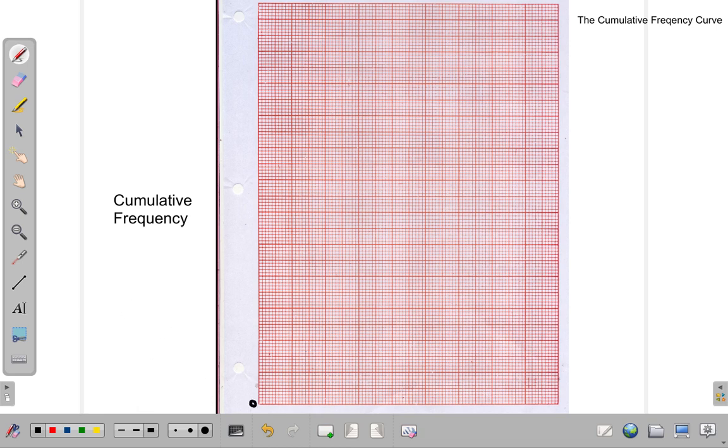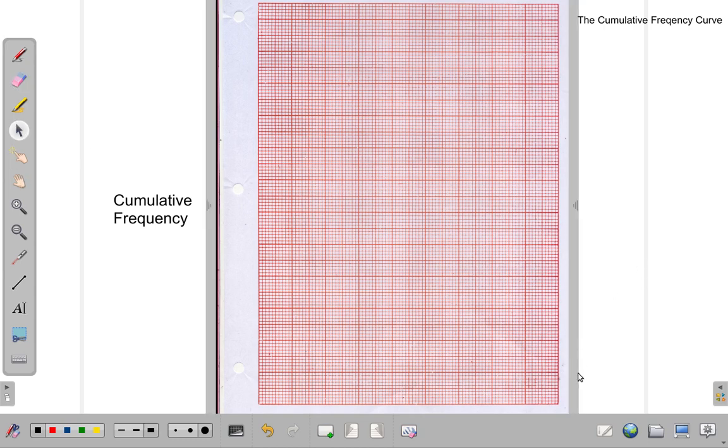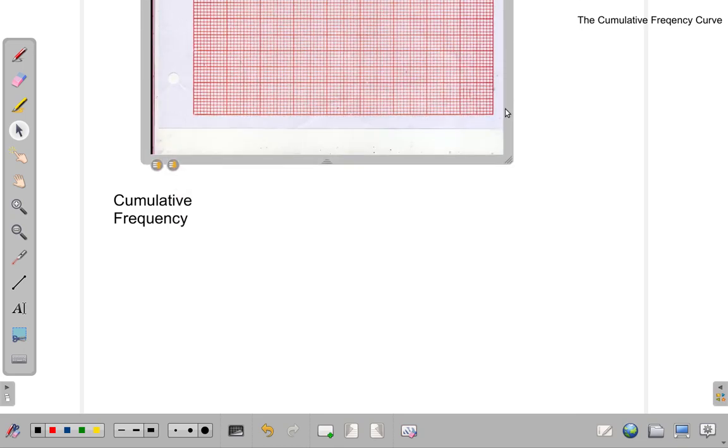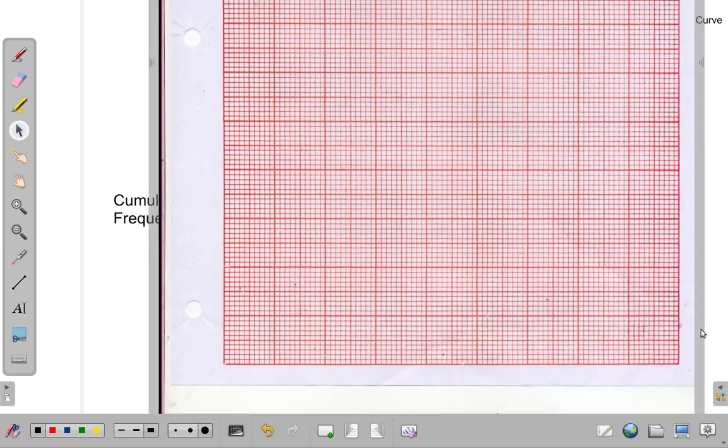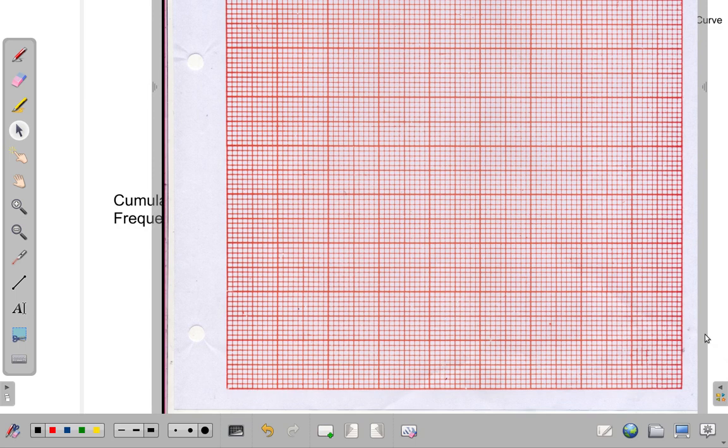So you'd have 0, 20, then another centimeter 40, the next centimeter 60. Let me just mark the centimeters. In fact, let me make it a bit larger just to explain what I'm talking about. If I increase the size of this and I put in 1 centimeter equals 20 units, what will happen in that case?